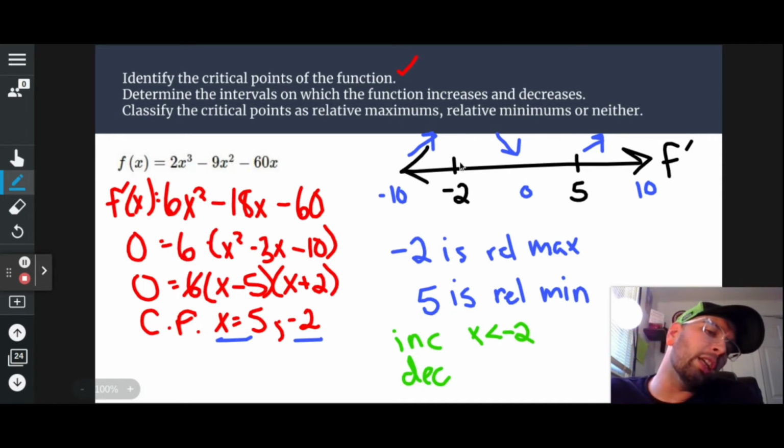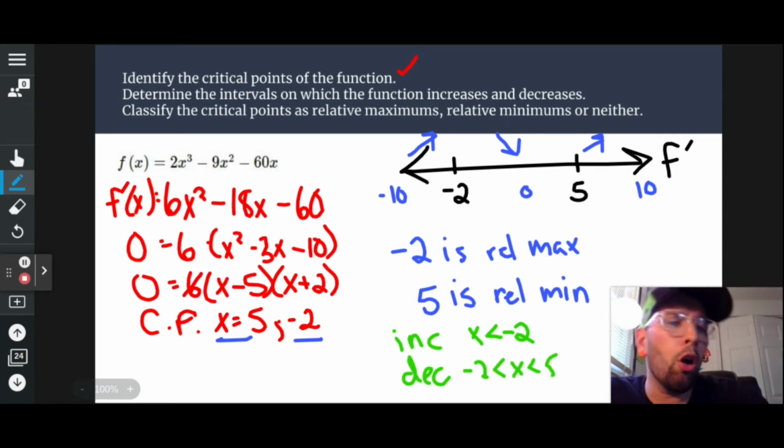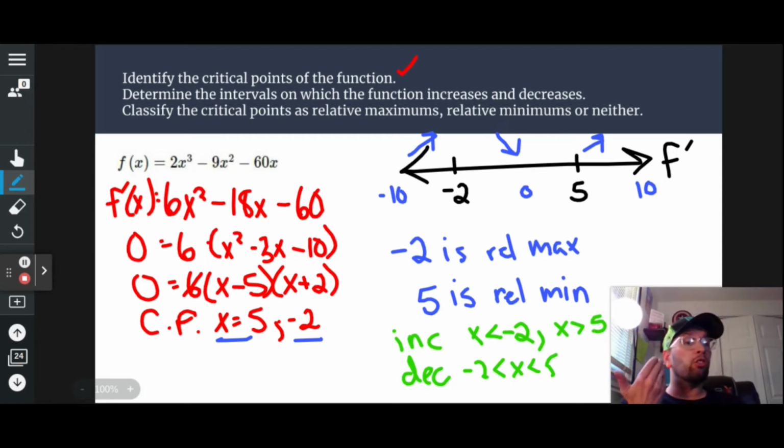It's decreasing in between -2 and 5, so -2 is less than x, which is less than 5. And it also increases from 5 on, so x is greater than 5. We don't include -2 and 5 because it's doing neither at those points. It's 0. Not bad at all.